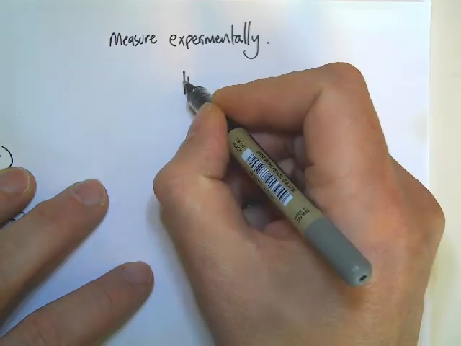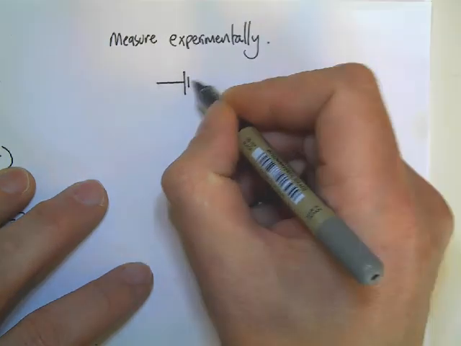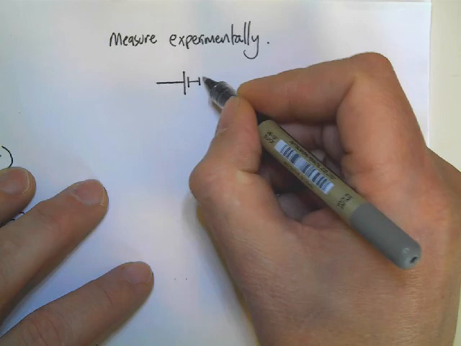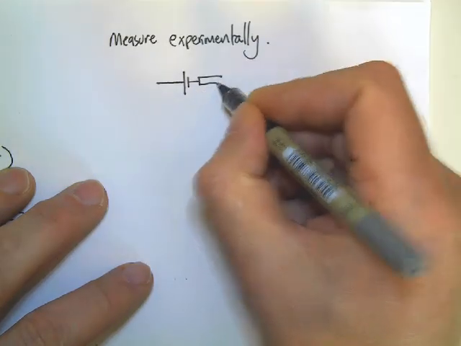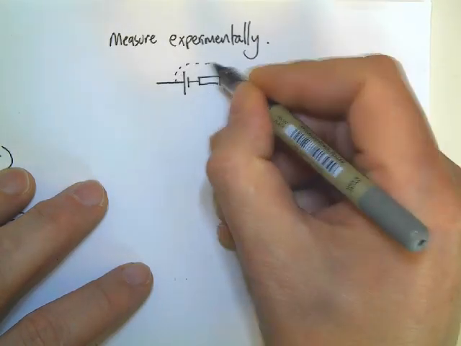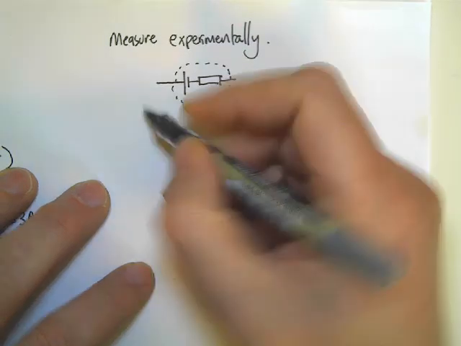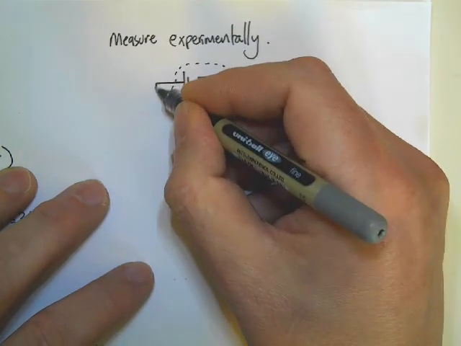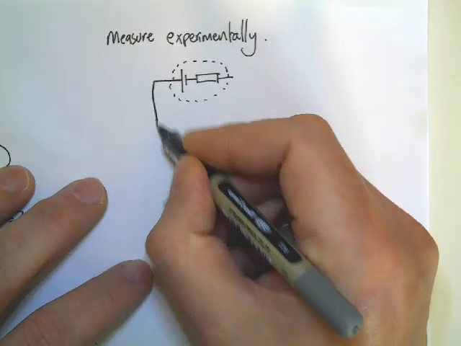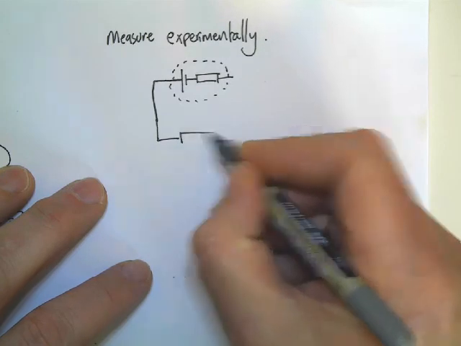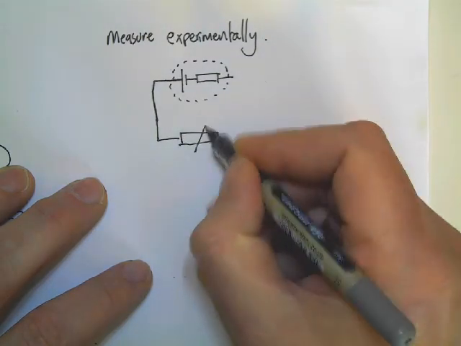You start off with a cell like this with internal resistance, but both of those things are unknown at the moment.